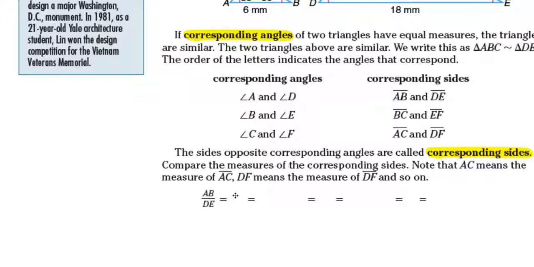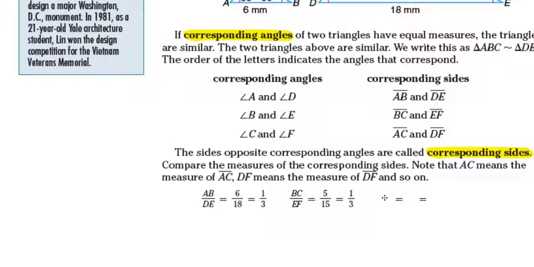Side AB is 6 and DE is 18. If we simplify that fraction, we end up with 1/3. The other two corresponding sides are BC and EF. The measure of side BC is 5, and the measure of side EF is 15. Simplify that, and we still end up with 1/3.